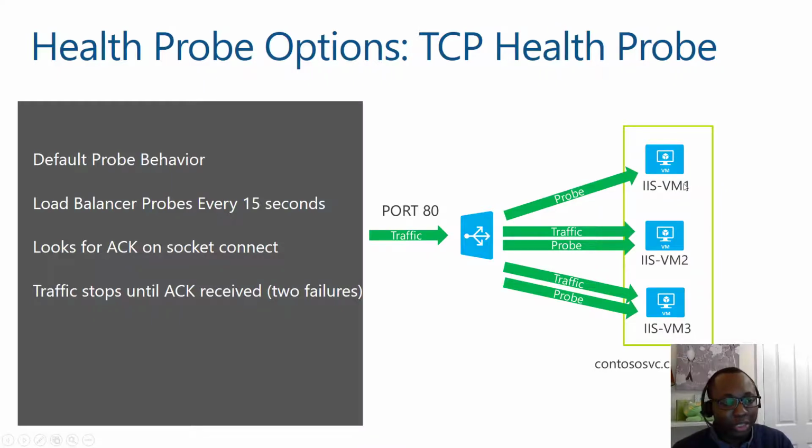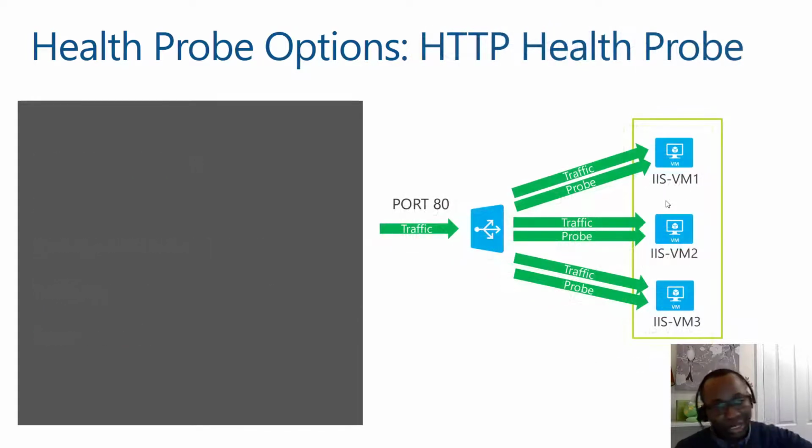But the issue with the TCP health probe, of course, is that it may not take into consideration whether your application is actually functional or not, because it's just doing a check. I've done a TCP connection, I get a reply, that does not mean the application is actually functioning. So we have another option, which is the HTTP health probe, especially if you're doing this for HTTP type services, where we can specify and say, I want you to probe this specific path on this server.